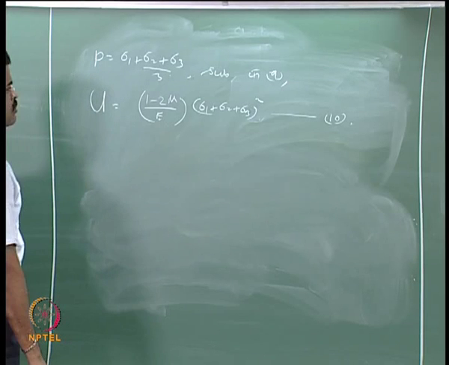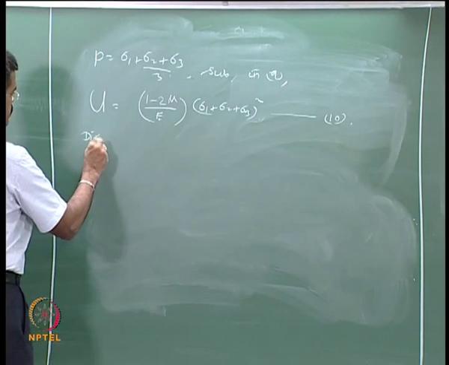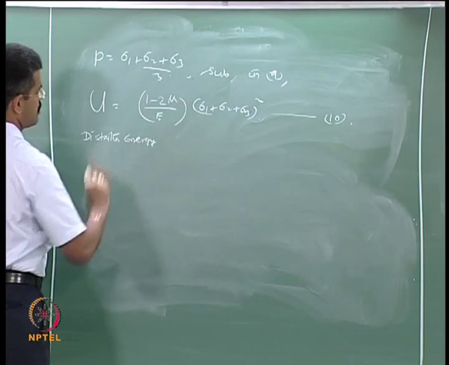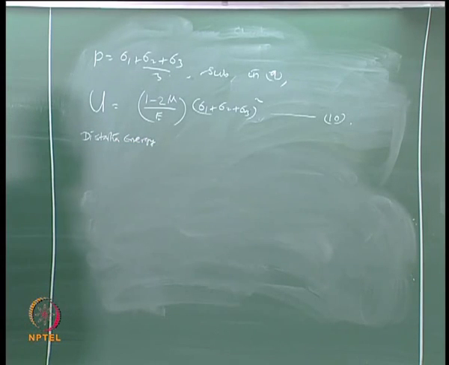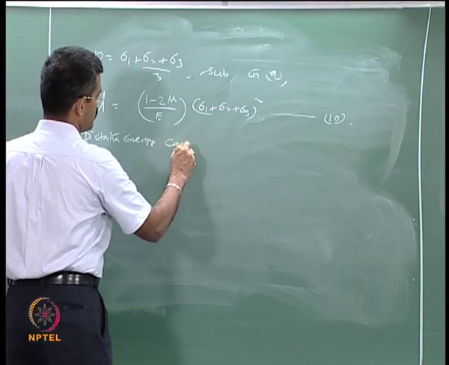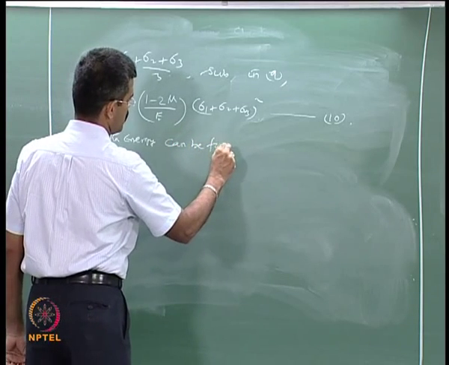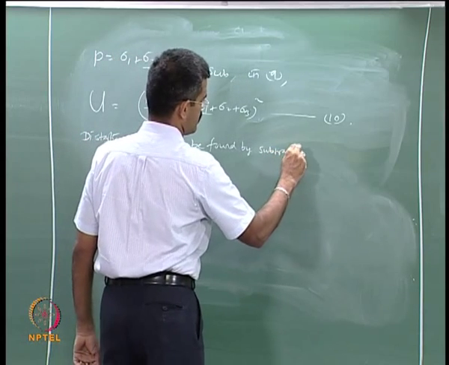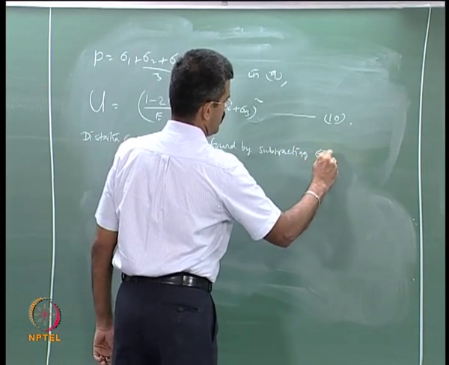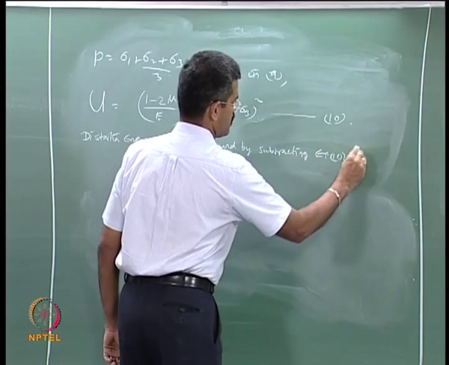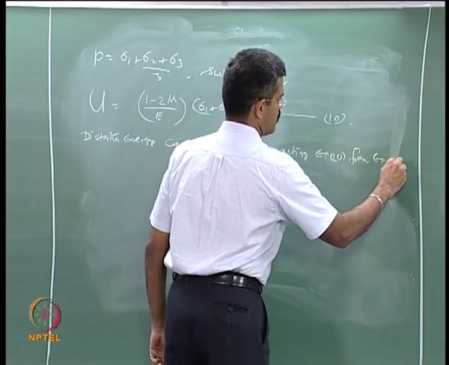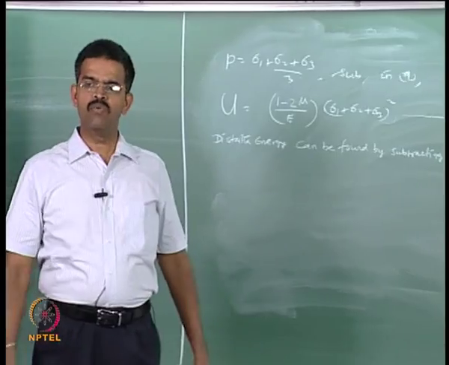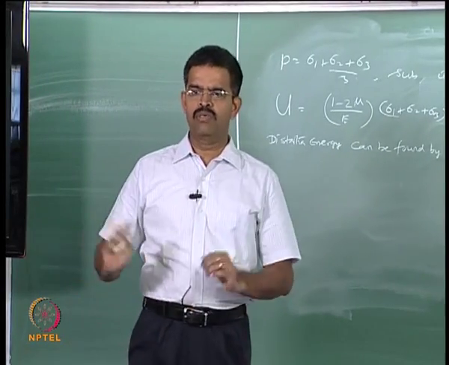So if you really wanted to find the distortion energy, it can be found by actually subtracting equation 10 from equation 1, because equation 1 is a total strain energy which has volumetric change plus distortion both, is it not?